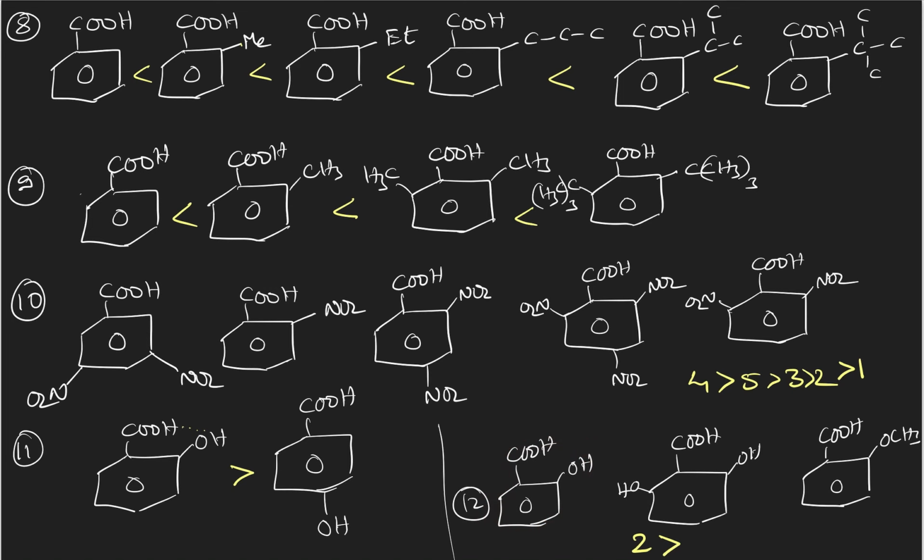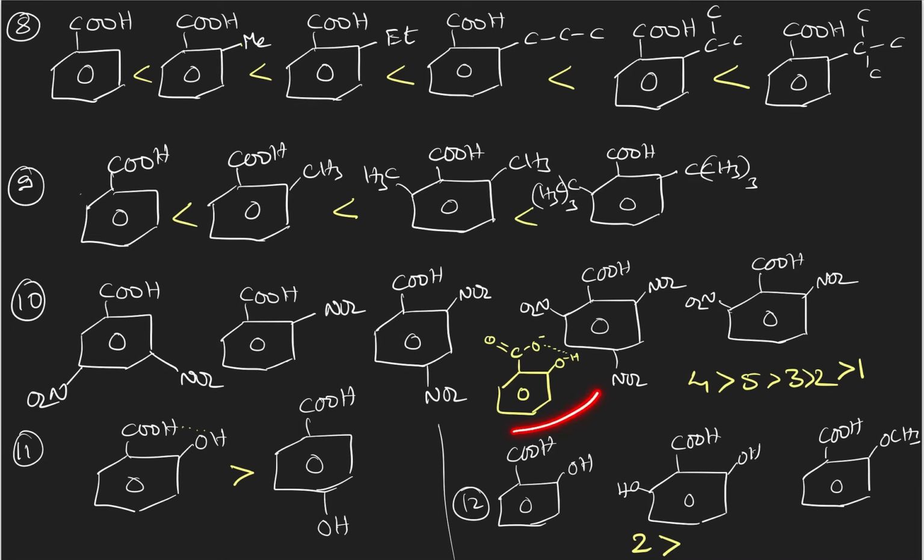in this first compound, after the release of an H plus ion, there will be intramolecular hydrogen bonding stabilization here. I will show it here, in a small structure. There will be intramolecular hydrogen bonding here.